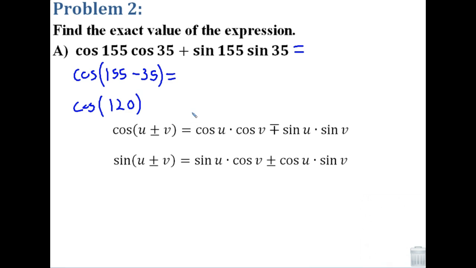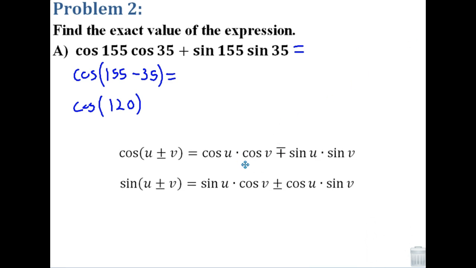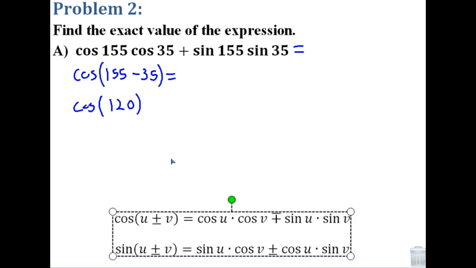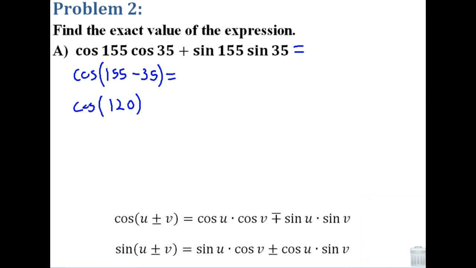All right, that is a multiple of 30, 60, or 45. So the work with the identities is done, and this is something I can actually evaluate by hand, something we've been doing since our first trig chapter.